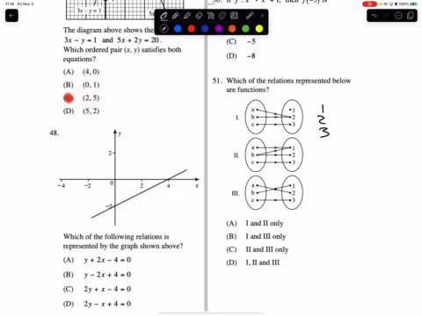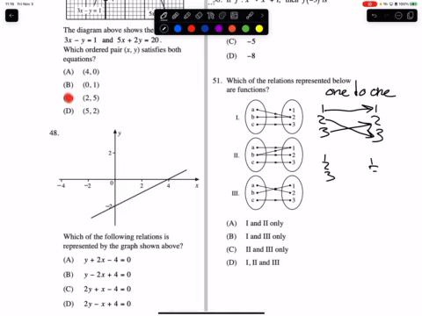1, 2, 3. Let's put 1, 2, 3. This is 1 to 1. It's 1 to 1. 1, 2, 3. This one is 1 to many.